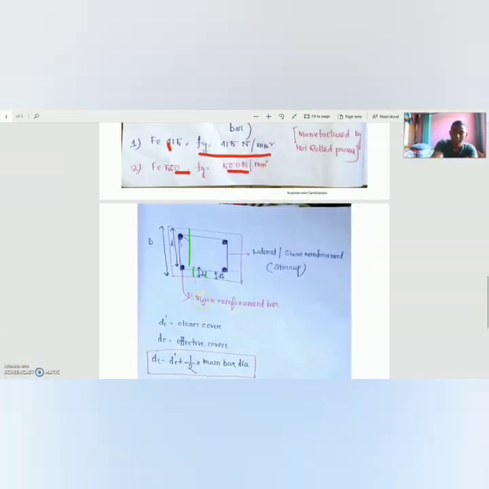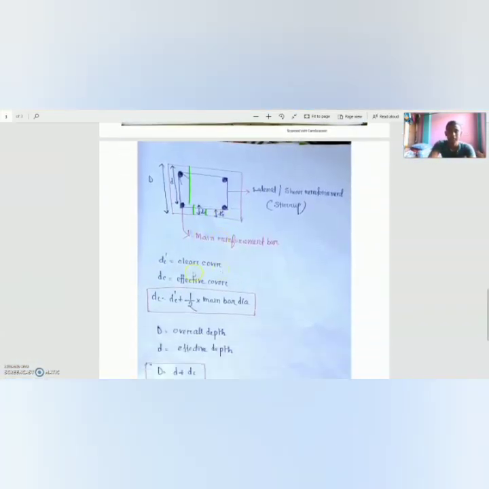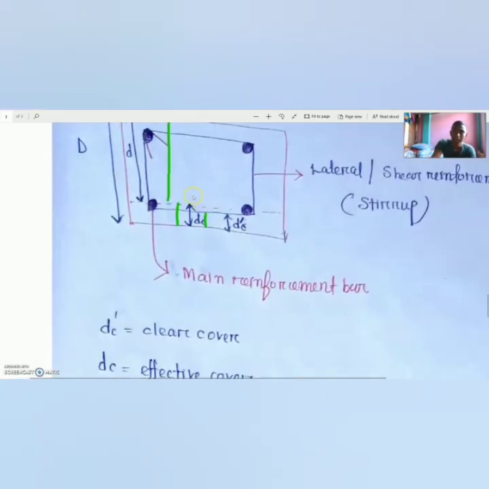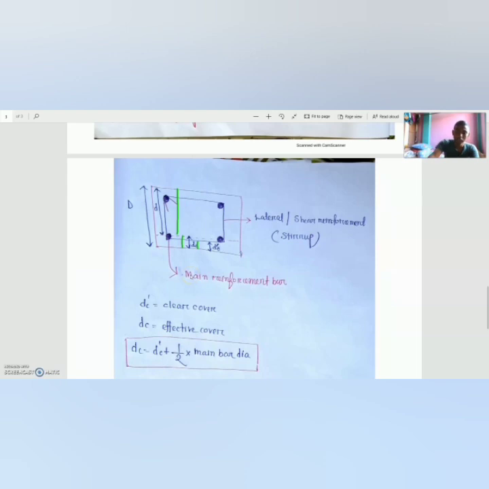Now the basic relation I have shown here: dc prime is the clear cover, dc is the effective cover. So dc, the effective cover, equals dc prime, the clear cover, plus half of the main bar diameter. We have seen it in the picture. If we add half of the bar diameter to the clear cover, we get the effective cover.